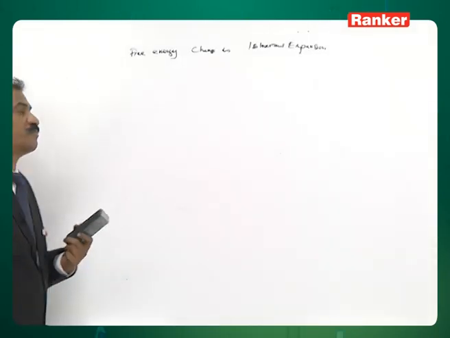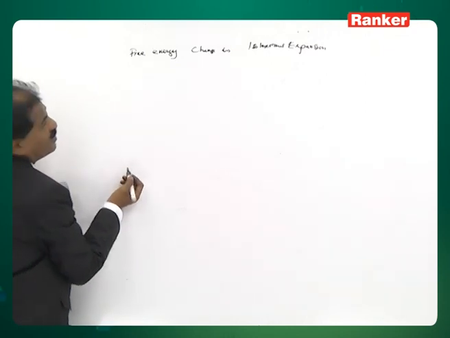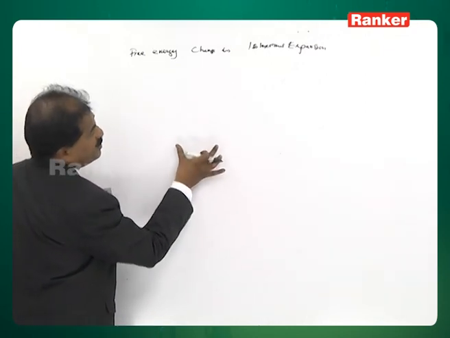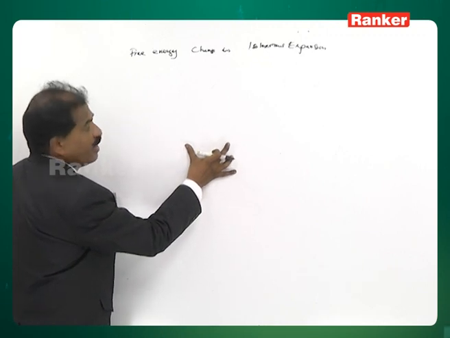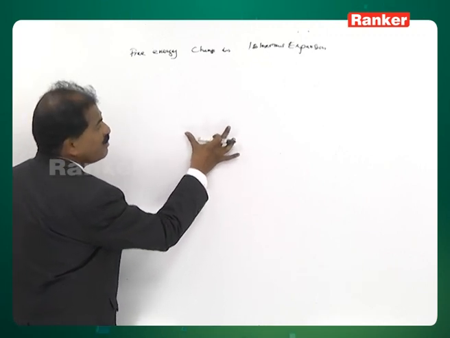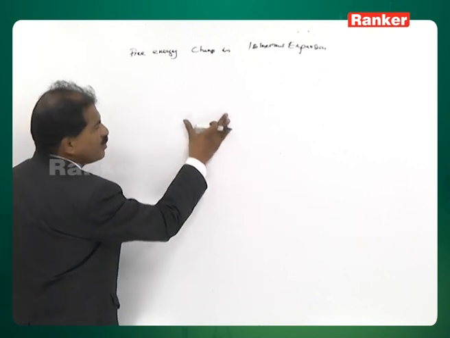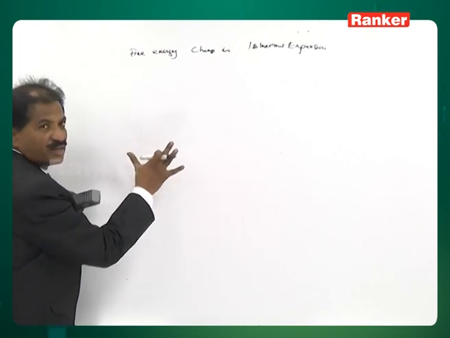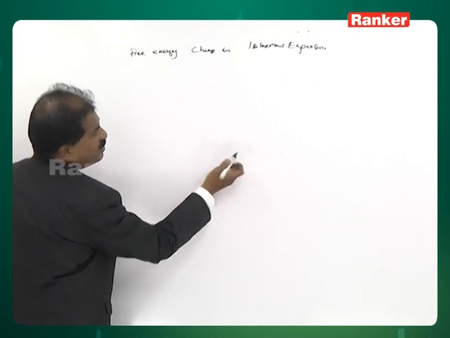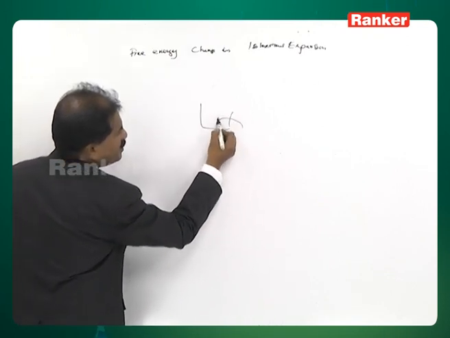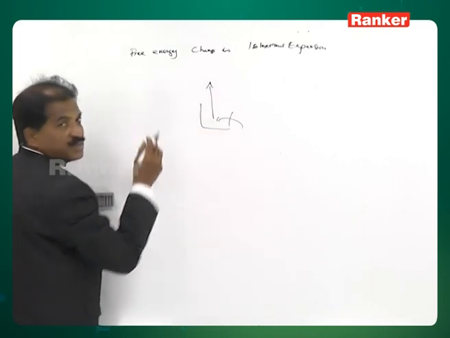Under the isothermal expansion process, the gas is continuously absorbing energy. As a result, it is doing an equivalent amount of work. Therefore, the internal energy of the gas remains constant, but at the same time it is undergoing expansion. That means because of absorption of energy, the expansion of the gas is taking place.